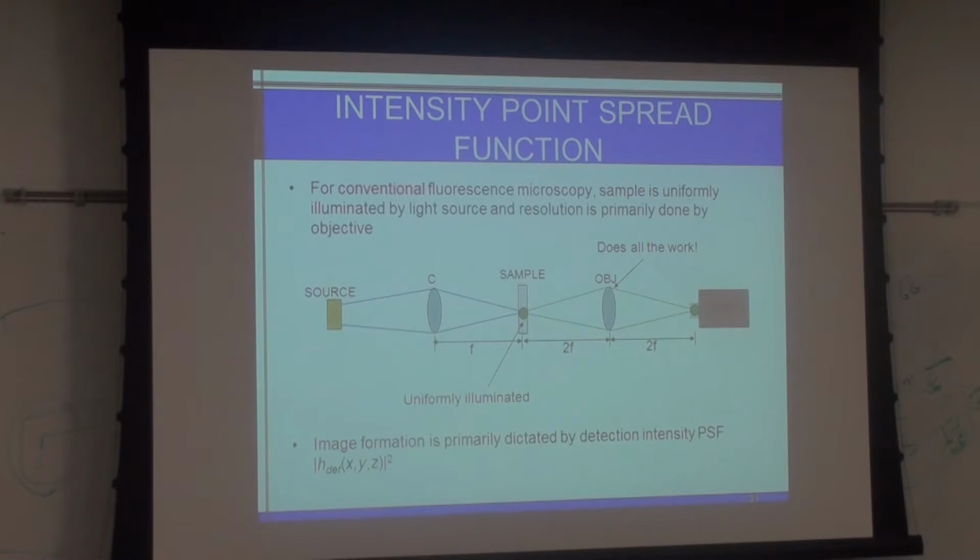It's fast, it's wide field, it's great, works nice. This is a lot of the conventional microscopes that we knew about. The resolution here is primarily dictated by the detection PSF. Okay? This has a strong weighting function with regards to what dictates the spatial resolution.